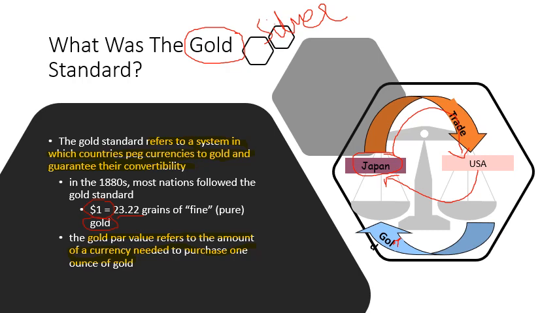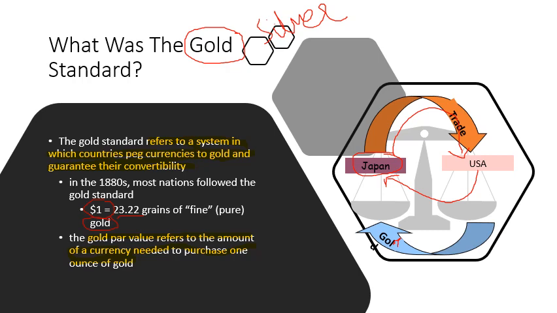And similar practices were carried out by the UK, Germany, Japan, and other countries as well. So the amount of currency needed to purchase 1 ounce of gold was referred to as the gold par value.